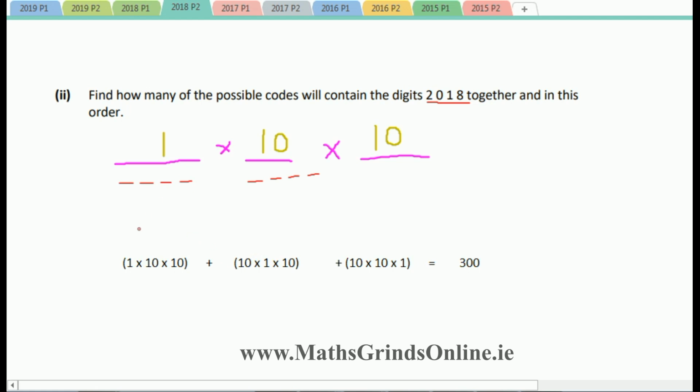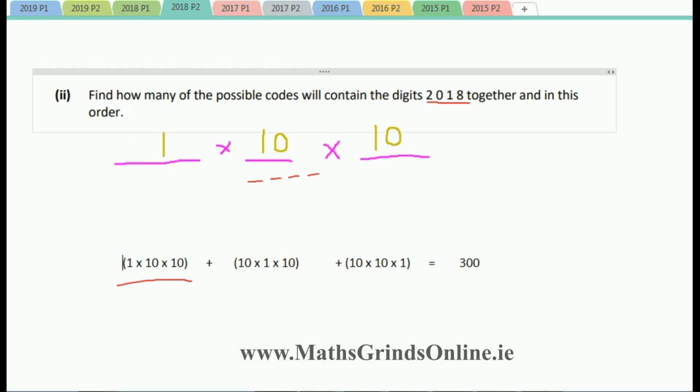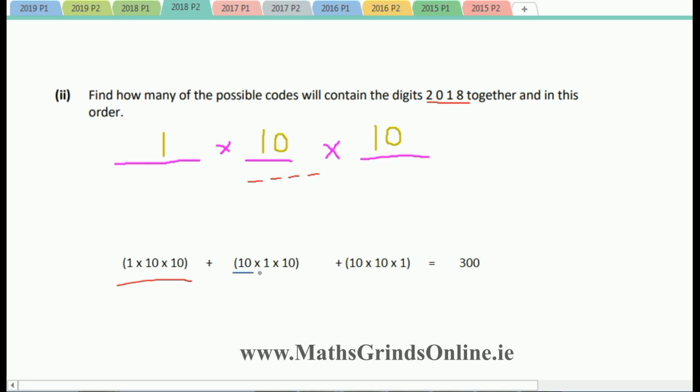The way it's showing up there is covered for us down here. The second way I just mentioned is you have a number, then your 2018, and then any other number again, represented by 10 times 1 times 10. Another way is having any number, and then the last 4 digits being 2018.